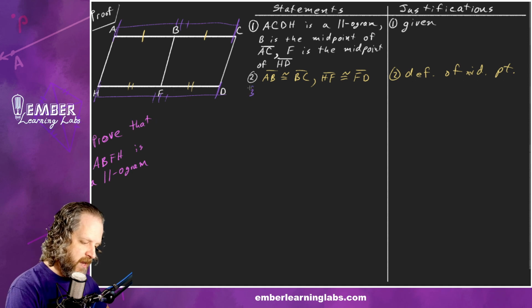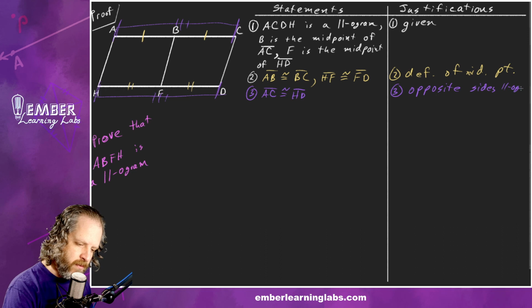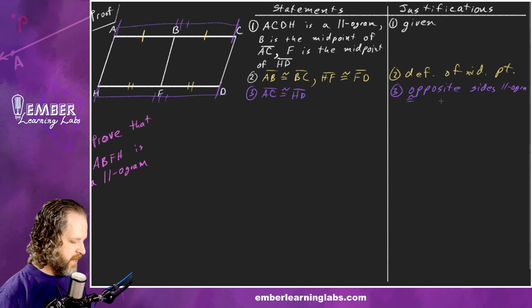So step 3 is going to be that AC is congruent to HD because opposite sides of a parallelogram are congruent, right? Easy peasy.